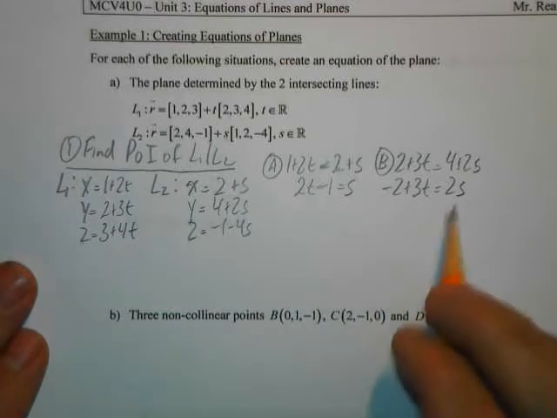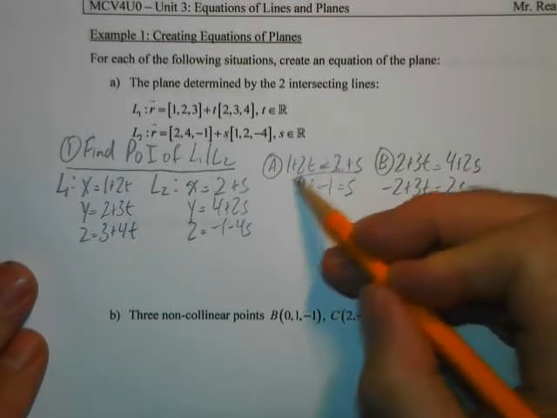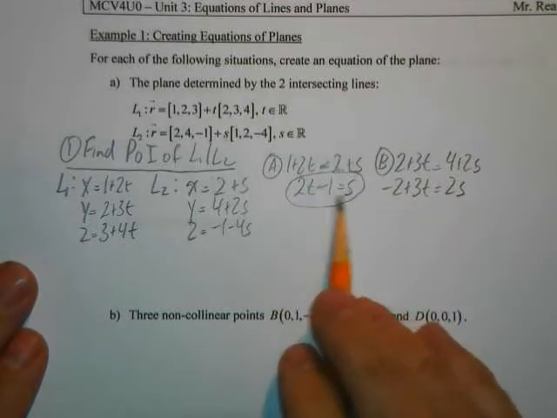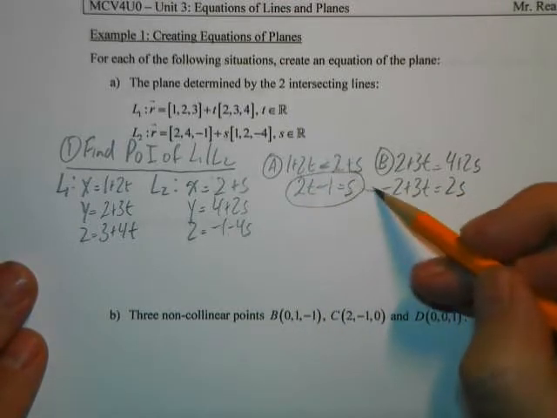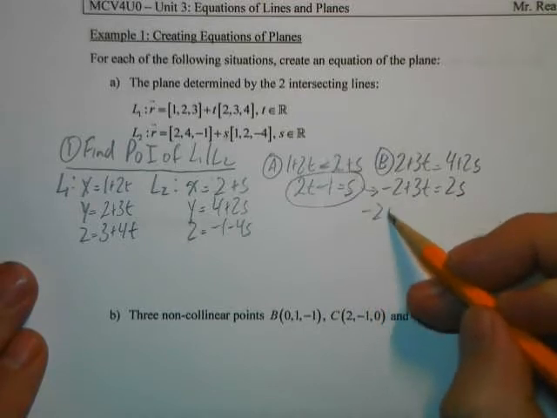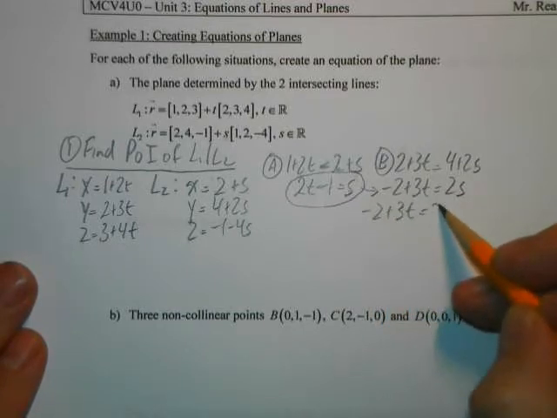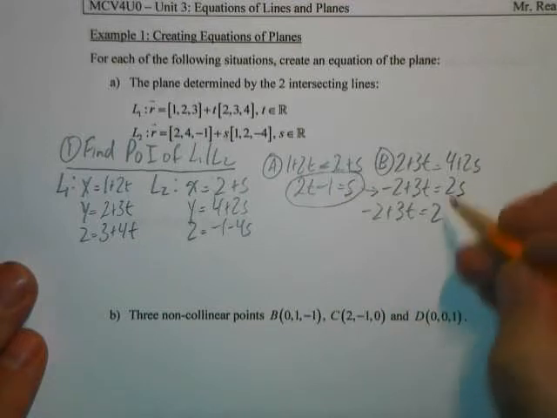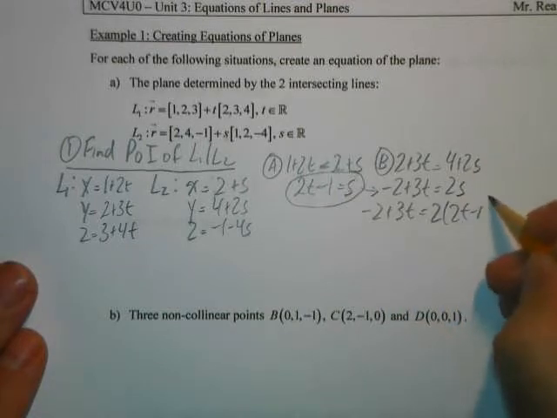And I'm now going to replace s with my equation that represents s in terms of t. I'm going to plug that in here. So I'm going to have negative 2 plus 3t is equal to 2 times s, but I know s is equal to 2t minus 1.